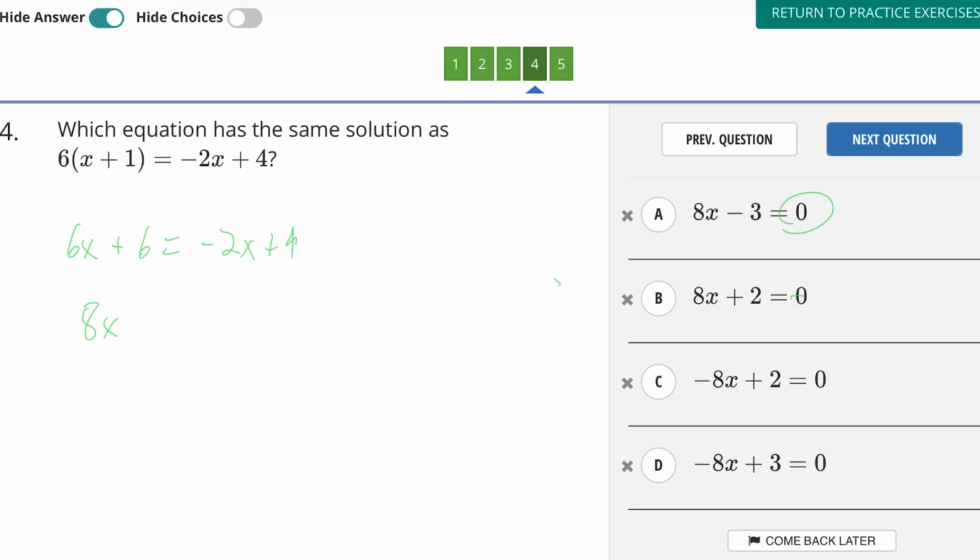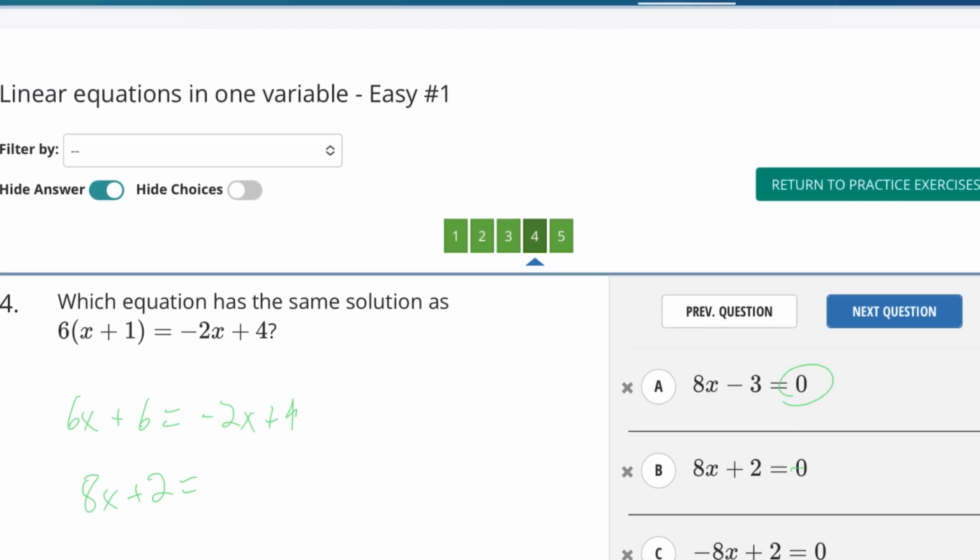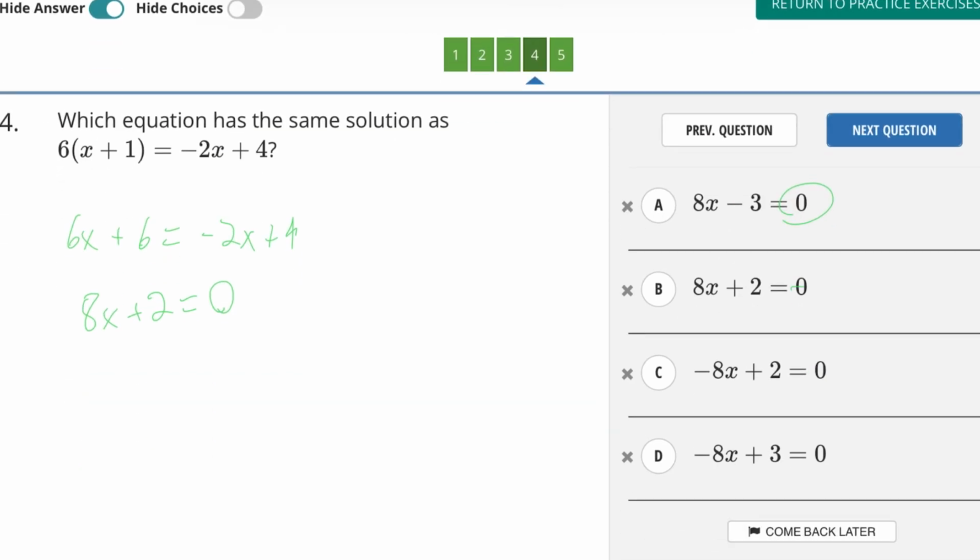What we have to do is take out the whole expression. So we already added 2x. Now we have to subtract 4. So 6 minus 4 is plus 2. And then equals 0. Now look, that was very simple, very easy, very quick. And we have our answer, B.